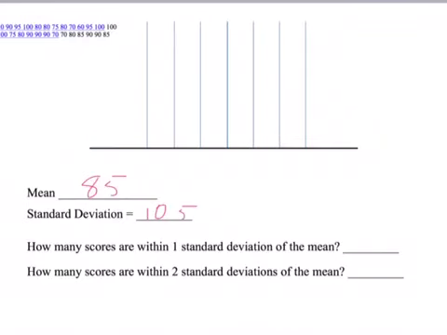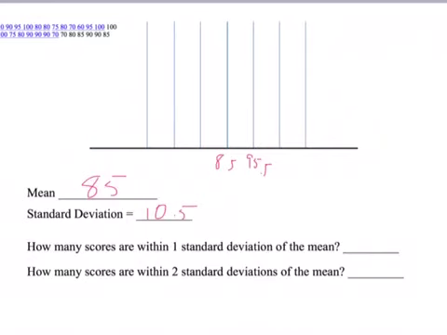I'll show you later. Okay, so my mean is the middle of my graph. It's 85. The standard deviation means that's how many spots I go from my mean. So if my mean is 85, my next line, standard deviation 1, is going to be 85 plus 10.5, or 95.5. And then on the other way, you have to subtract it.